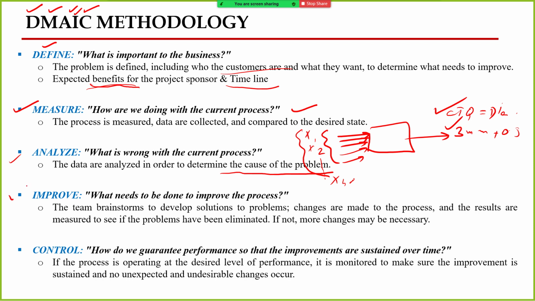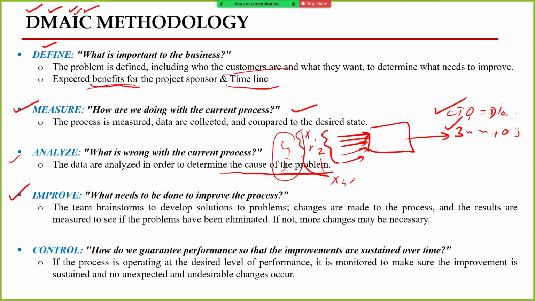So in the Improve phase, once out of these 40 we have identified the critical causes, maybe 4 or 5 that are the more critical ones, then in the Improve phase we are trying to identify the optimum setting of those causes.